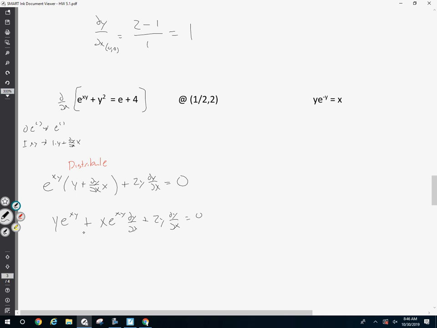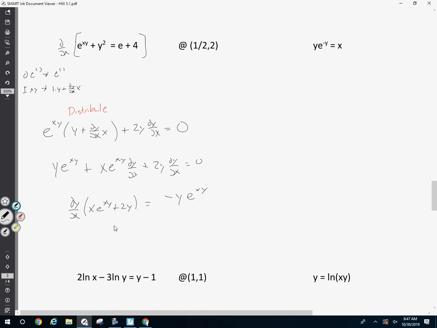Subtract the y e to the xy, factor out the dy/dx. I'll show you both of those steps at once. Okay, so I subtracted this over, it comes here, factored out the dy/dx from this, I have x e to the xy plus 2y, and then divide to solve.